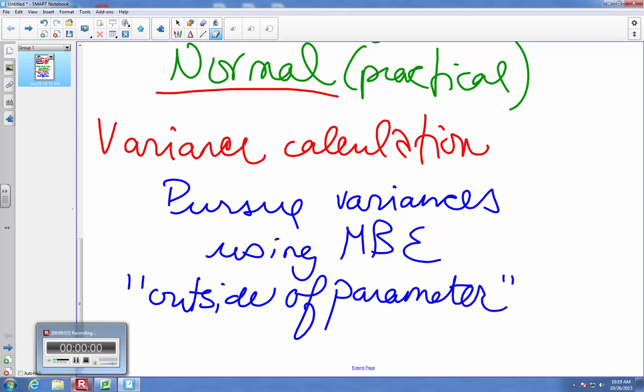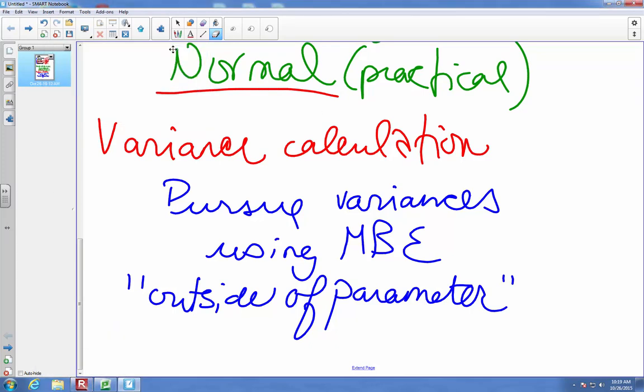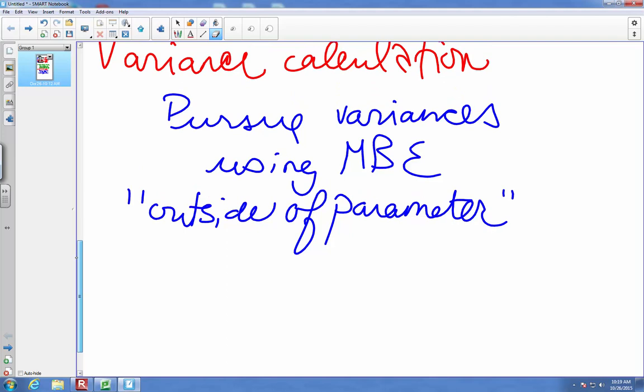And a parameter is just what Jess and G were talking about. It's 2%, it's 4%, it's 8%, right? So I'm not going to even look at any of my variances unless they're outside of that materiality parameter.